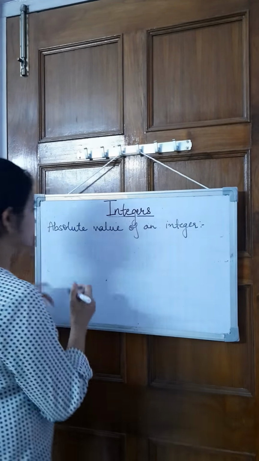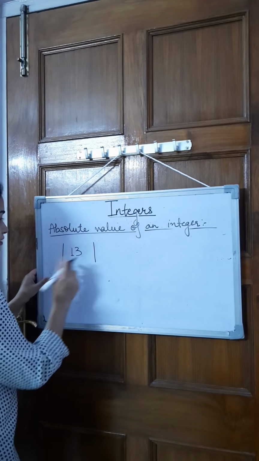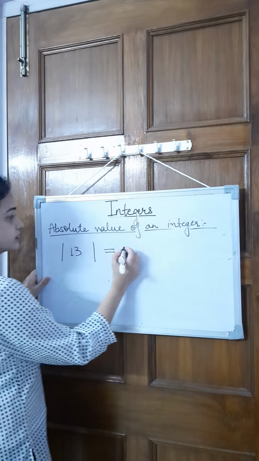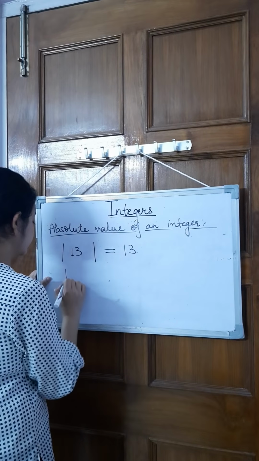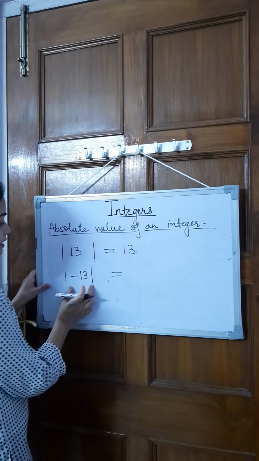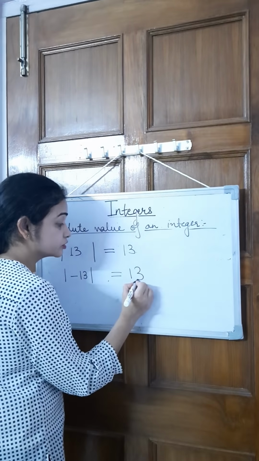We put the bars here, and if I write 13 inside it, then the absolute value of this is 13. Now if I put negative 13 inside, the absolute value of minus 13 is also 13.